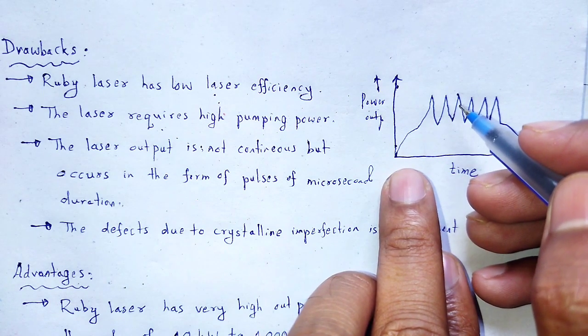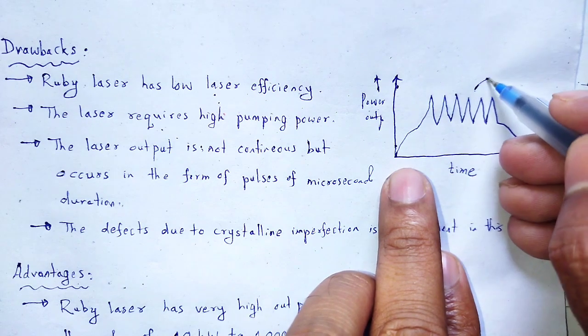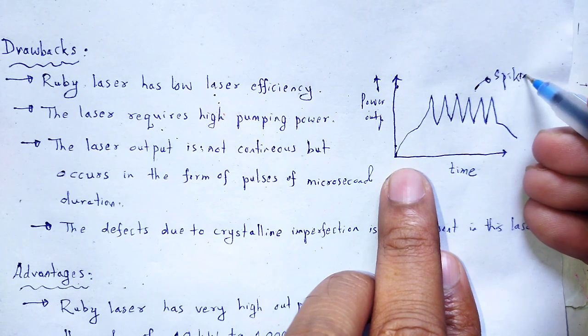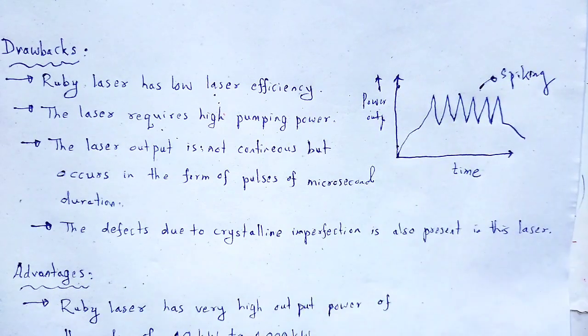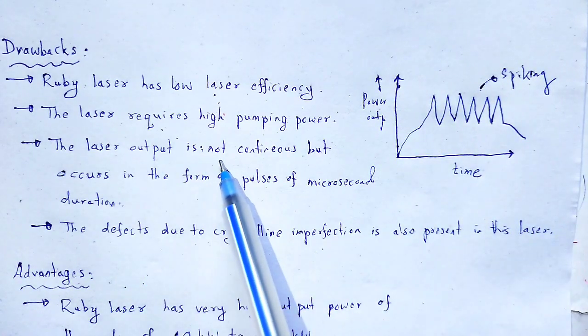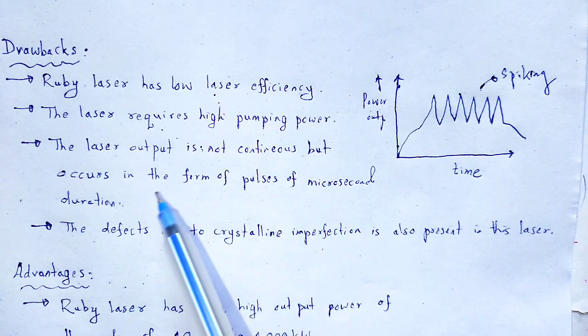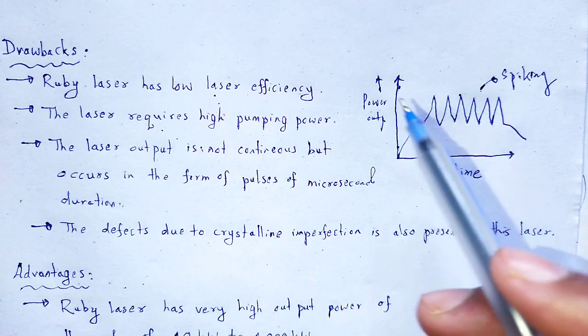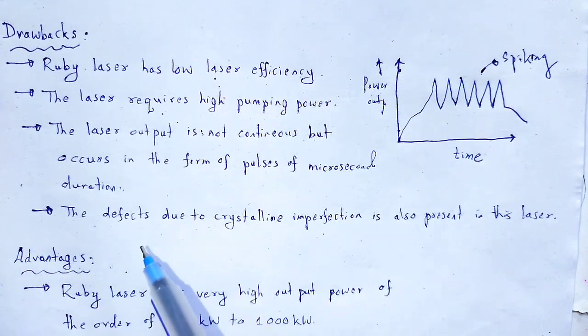These are known as the phenomenon of spiking. Due to that, the laser output is not continuous but occurs in the form of pulses of microsecond duration. That is the drawbacks of ruby laser.